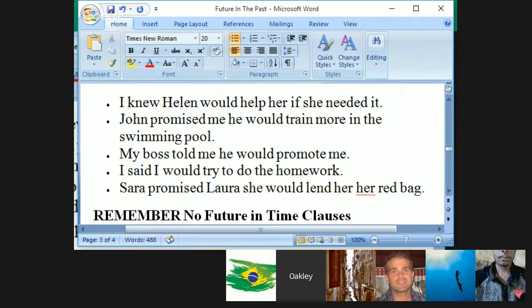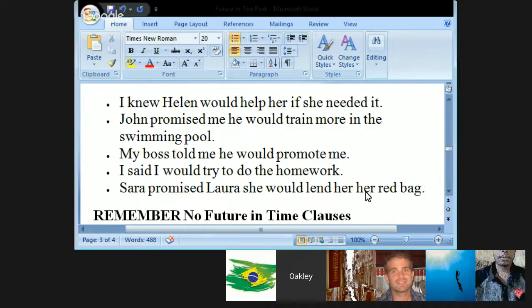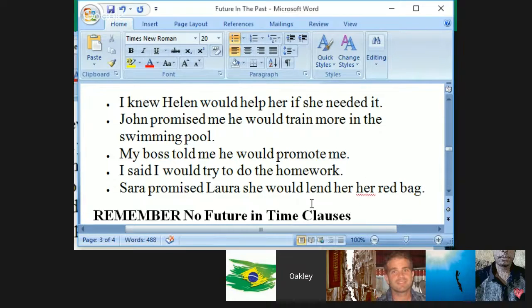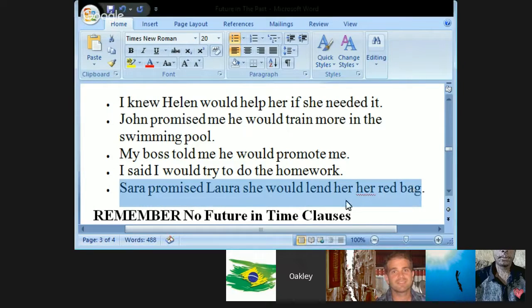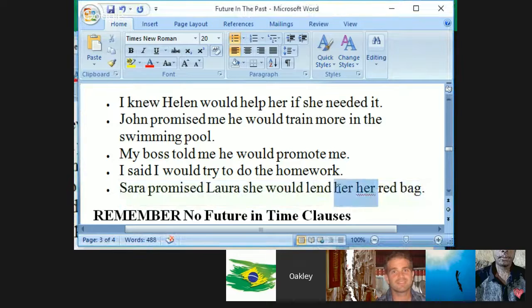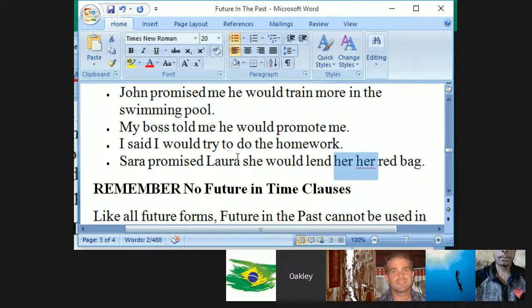Okay, and this weird thing happens. She would lend her red bag. Yep, it happens. Sarah promised Laura she would lend her red bag. This kind of weird thing happens. These things happen in English. There's nothing wrong with that.